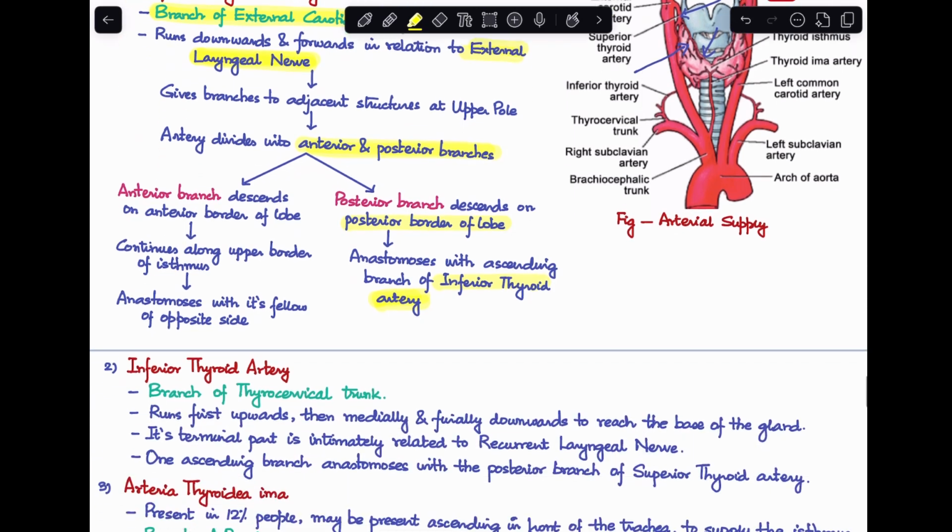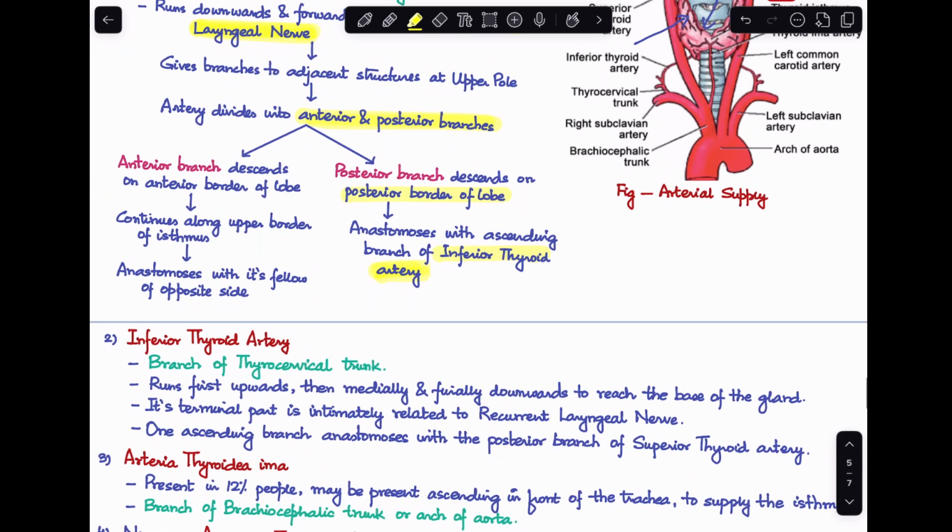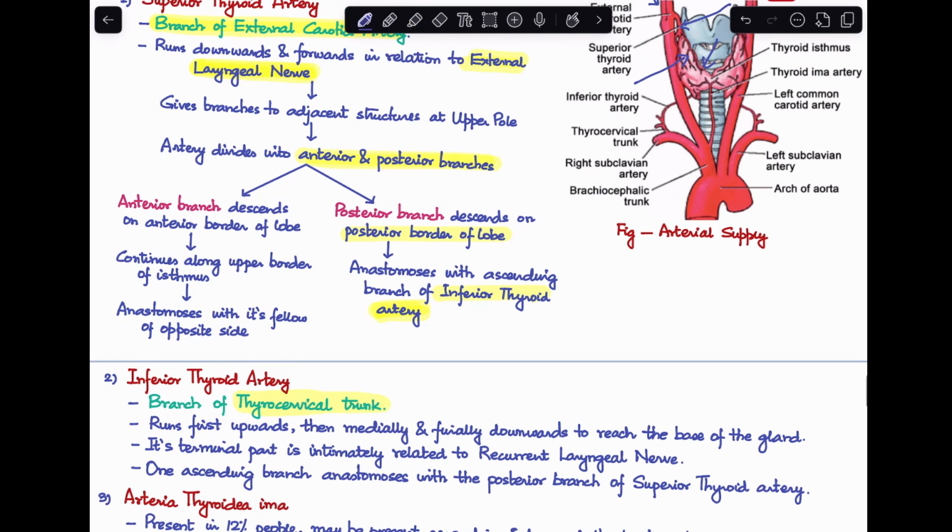The second artery which supplies the thyroid is the inferior thyroid artery, which is a branch of the thyrocervical trunk of the subclavian artery. So if you see in the image here, this is the subclavian artery, and you can see it gives off a thyrocervical trunk, and the thyrocervical trunk gives off a branch which is the inferior thyroid artery.